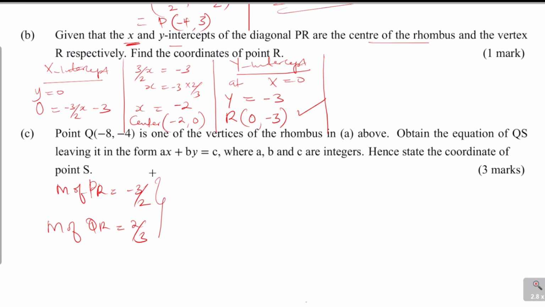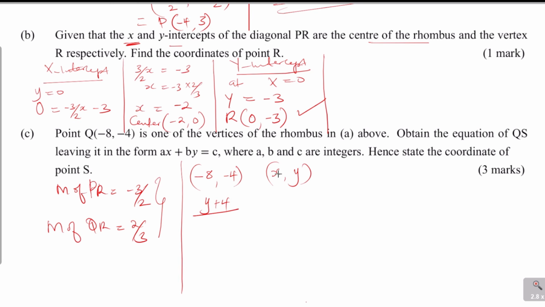Now, because we have the point (-8, -4), we can introduce another general point on that line, (x, y), and you will be able to get the equation. We have the gradient and we have these points. Change in y, subtract -4, that will give y plus 4.